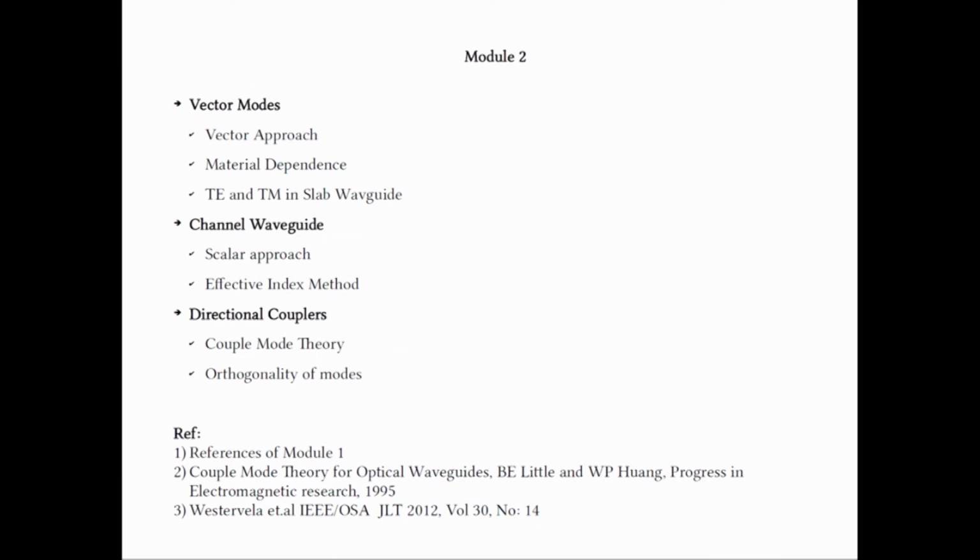The phenomenon is observed to be periodic, and we can periodically couple back and forth between the different waveguides. We can take an appropriate length so that you get the required amount of power coupling from one waveguide to the other. We have considered what is called coupled mode theory to study this process, where the mode field is considered as a superposition of the modes of the individual waveguides, and we apply it to the wave equation to obtain the variation of the fields.